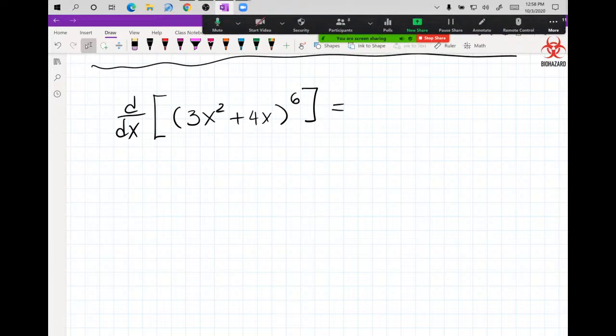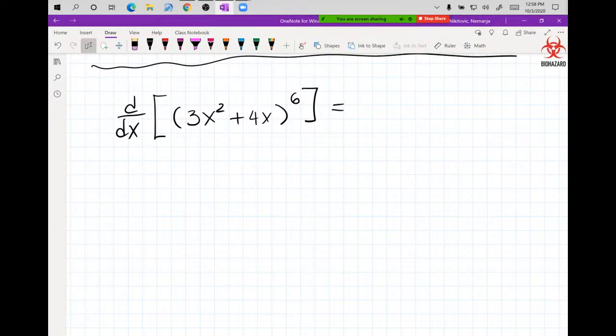What would be the case for this derivative? Professor? Yes? I'm not sure if it's completely simplified, but I think I have it.